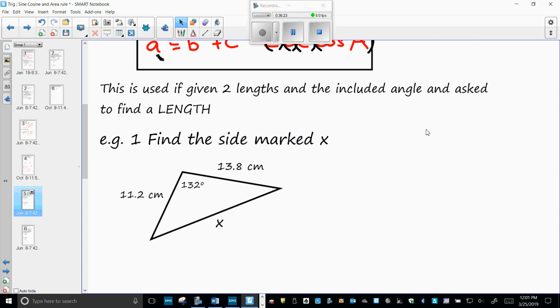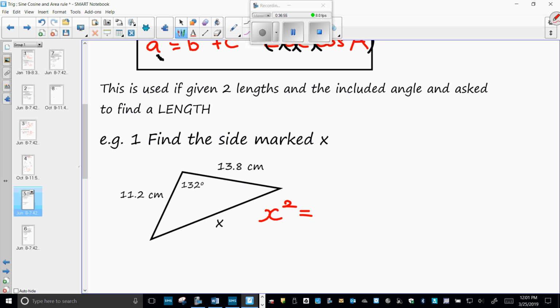Right, so if I'm trying to find length x, check that I've got the angle opposite it. We do. Now it's 3 sides, 1 angle, and that's what we need to find. So we've got x squared is equal to, now, does it matter which one's b and which one's c?